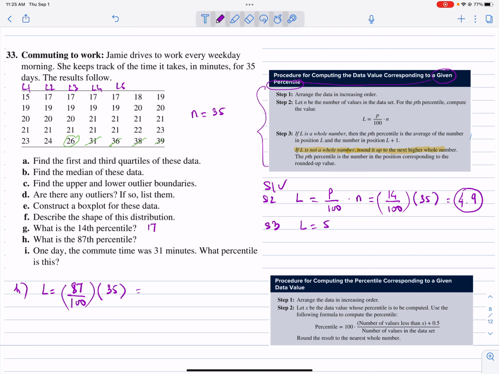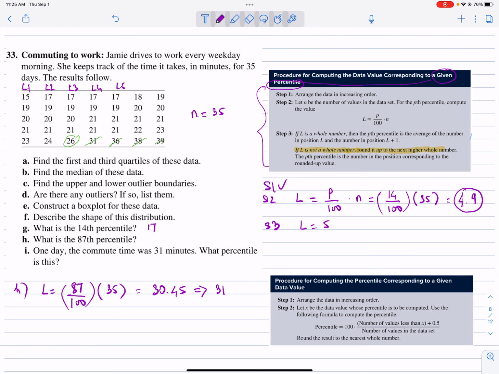So 87 divided by 100 is 0.87, times 35 gives us 30.45. Now step number 3. Since the location is not a whole number, we round up. That will be 31. The location is 31.